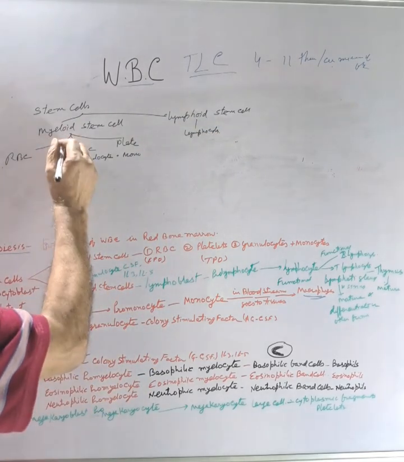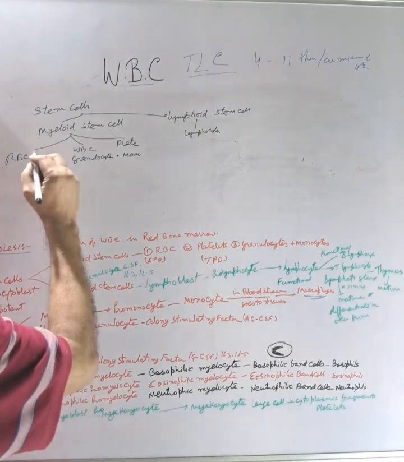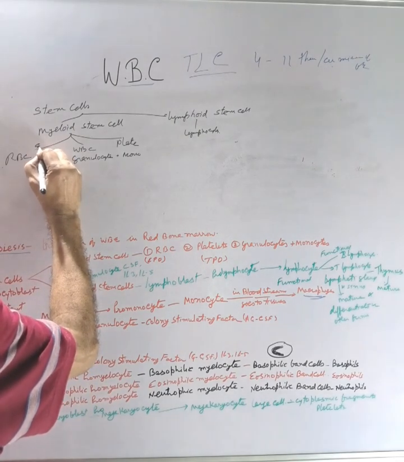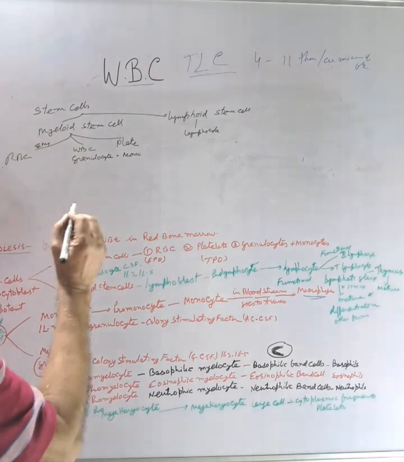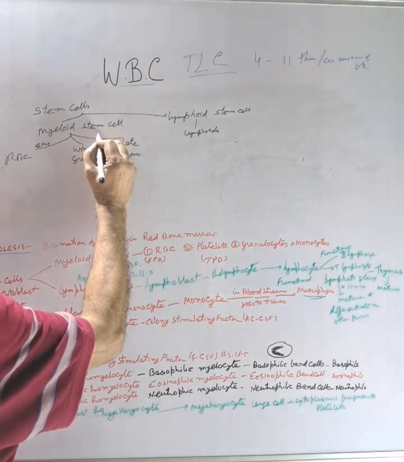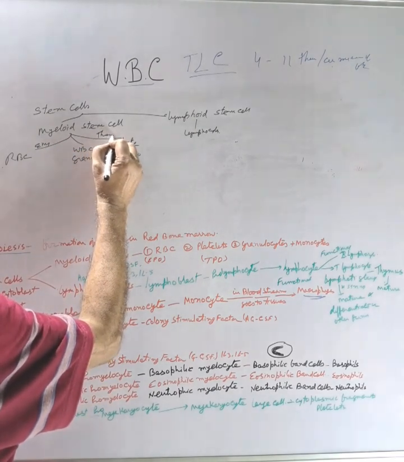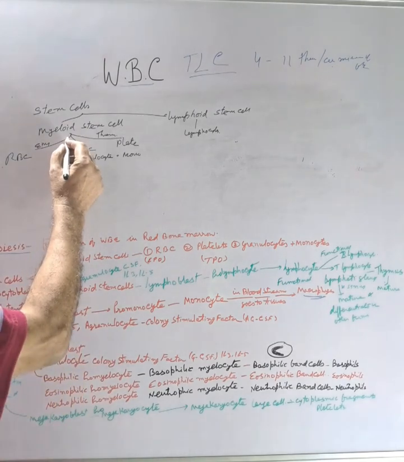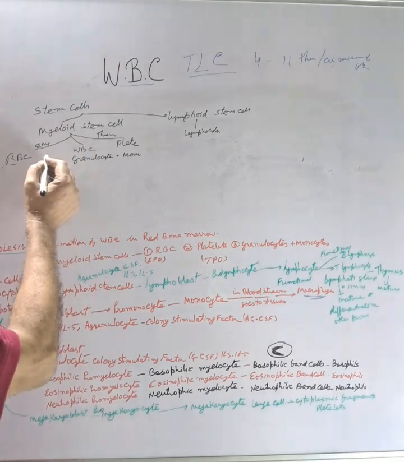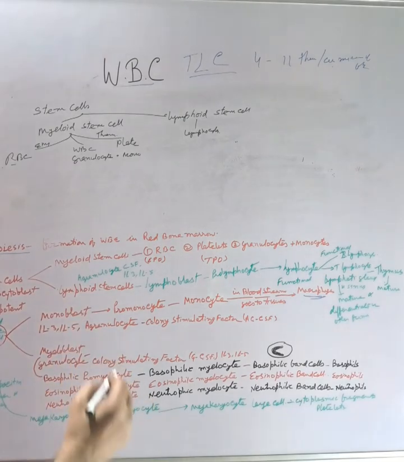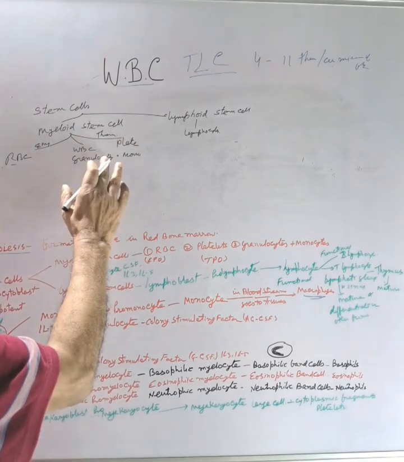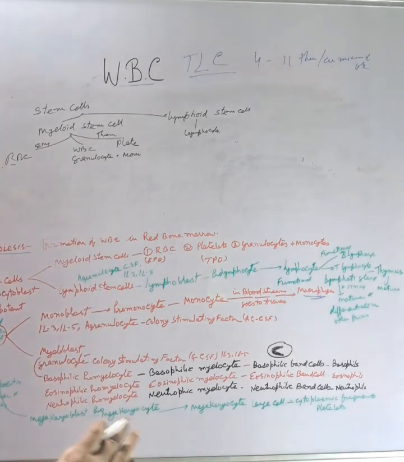Now it depends upon hormones, that is erythropoietin, then thrombopoietin. This will cause development of RBC forming cells by erythropoietin, platelet forming cells by thrombopoietin, and the WBC granulocyte series.